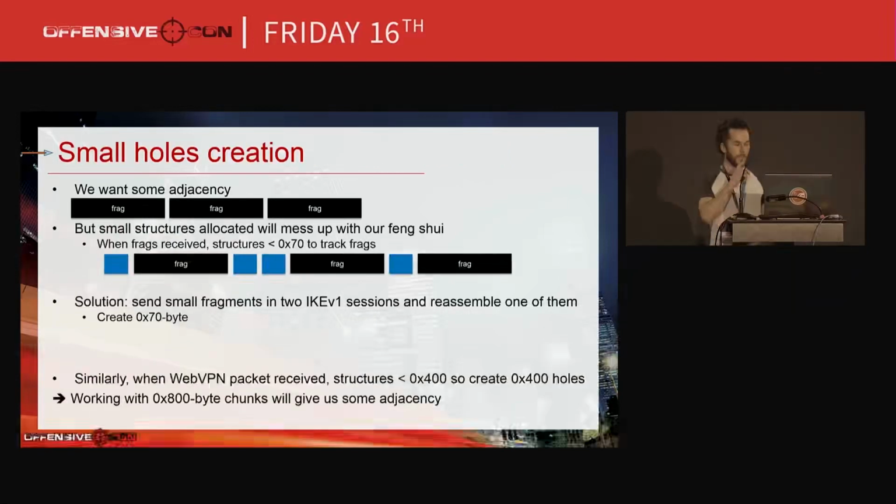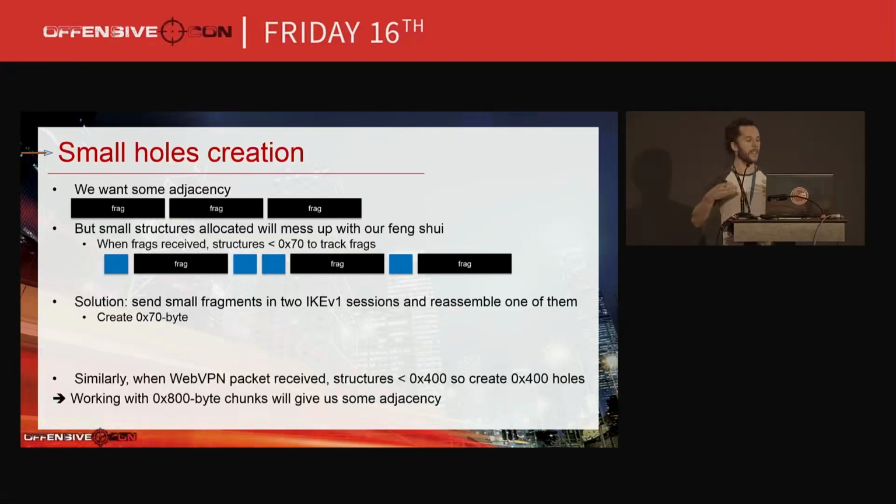The second thing we actually need to do, which I didn't do at first, but I ended up doing because it would improve my feng shui, is this: every time later when we want to work with our 800 bytes chunks to do our feng shui, lots of small allocations end up being made in addition to our 800 bytes.